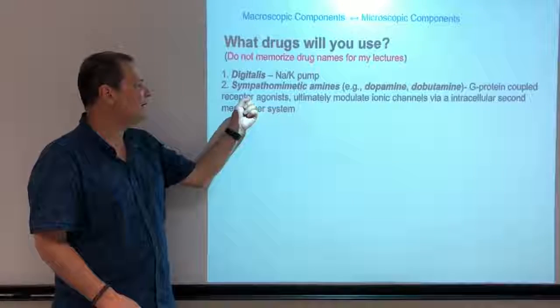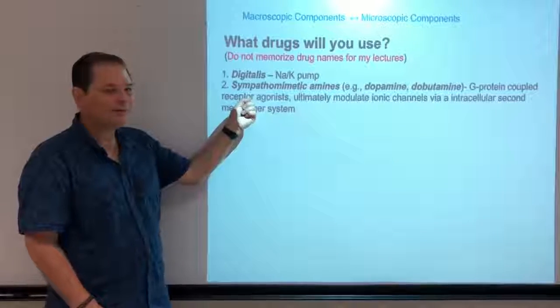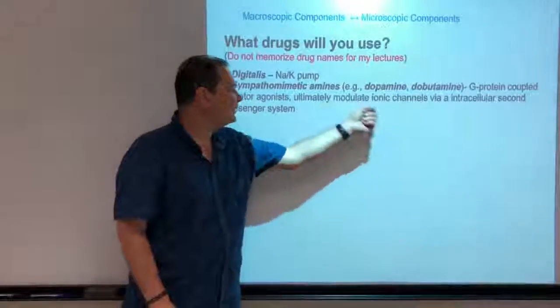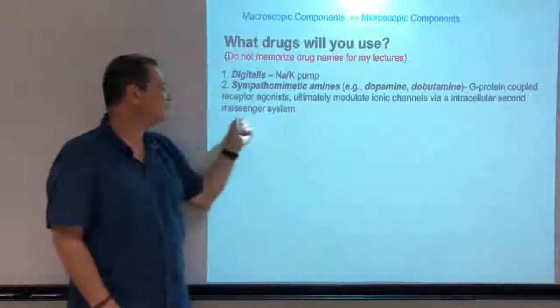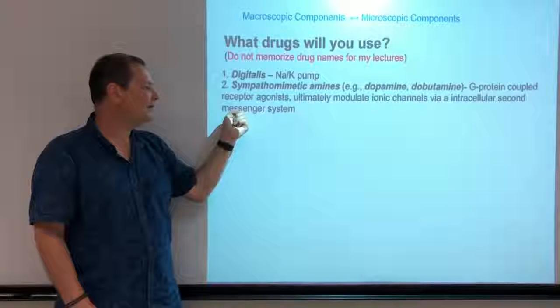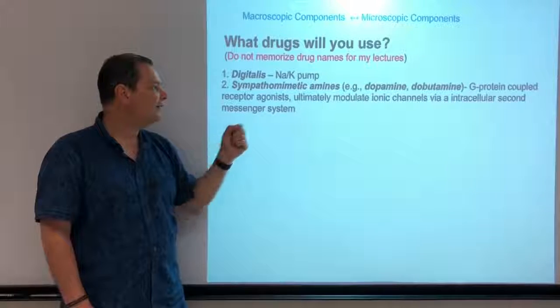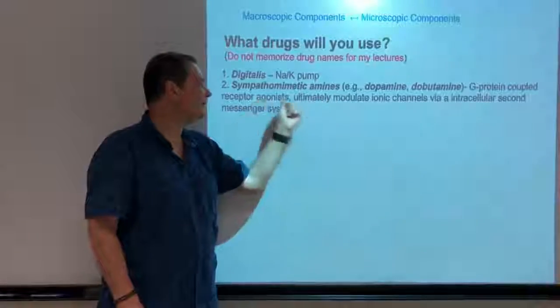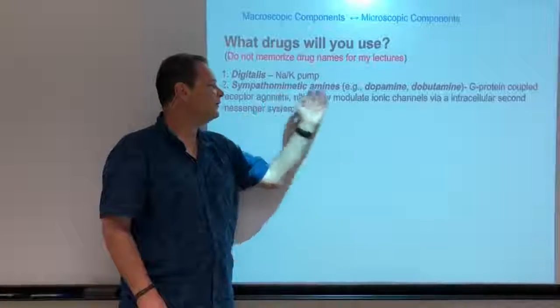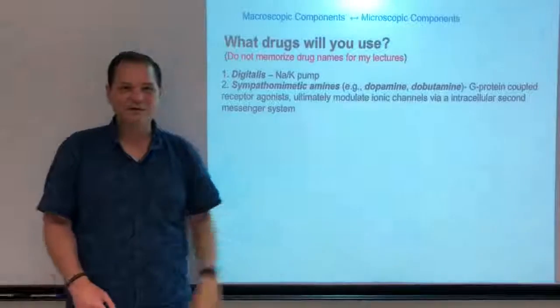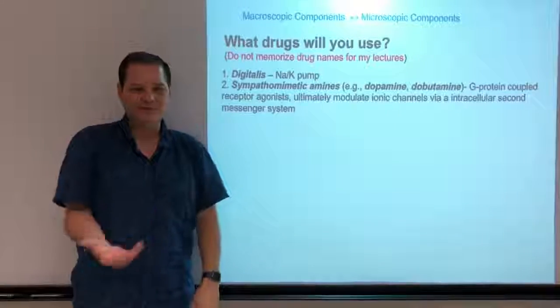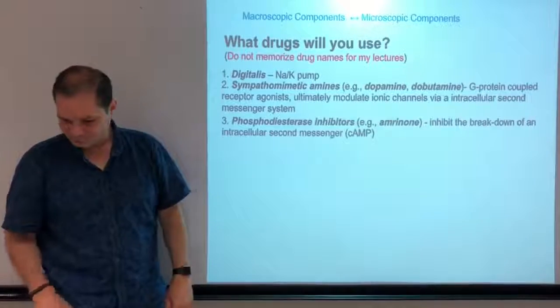They act through G-coupled receptors to ultimately modulate ion channels and intracellular second messenger systems. This is microscopic. And obviously, you need to understand how this works if you want to understand how the drug results in changes that you can see in a patient.